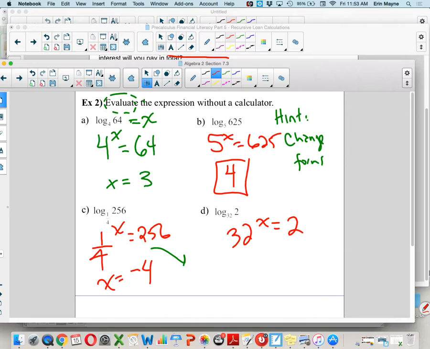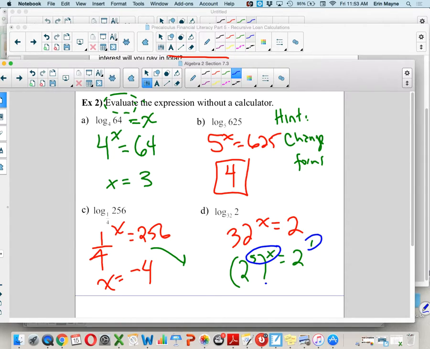Okay. So what you are essentially always doing is connecting bases. What I mean by that is, how is 32 related to 2? It's a power of 2. 2 to the what? 5th. So similar to what I just said to Abby, if I say, hey, this is 2 to the 5th to the x equals 2 to the 1st, what do I know about 5x and 1? They are the same.